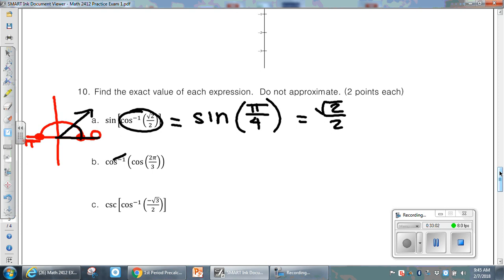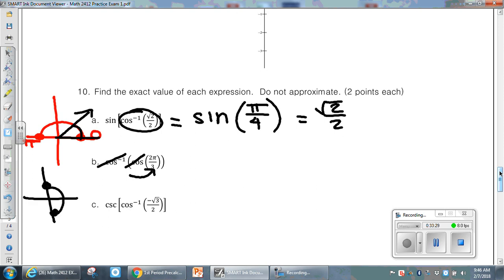Could we cancel here like that? No, because this angle, well, actually, yes. Wait a second. You guys are confusing. Isn't it 2 pi over 3 like right here? Yeah. So yes, if it was sine, no. Because sine inverse, if it was sine inverse, we couldn't, because sine inverse is defined here.